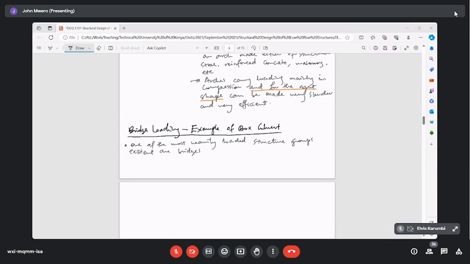This is especially true for road and railway bridges, as opposed to footbridges.